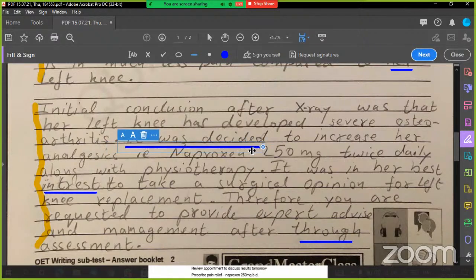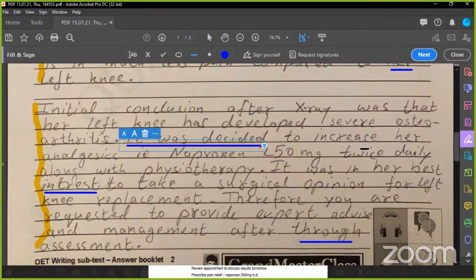So, increasing the dose was recommended: increased dose from 150 mg or 250 mg once daily to twice daily, from so and so to this, was recommended. It was in her best interest to take a surgical opinion for left knee replacement. You can say a surgical opinion was requested. Change it into passive voice as far as possible.